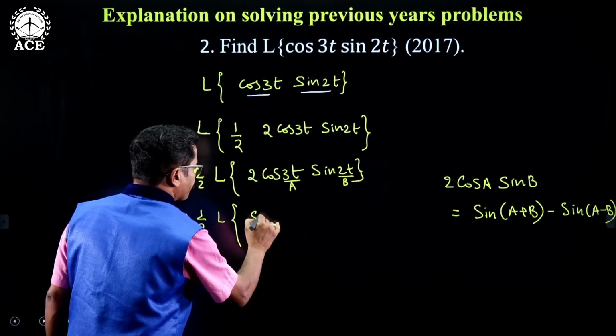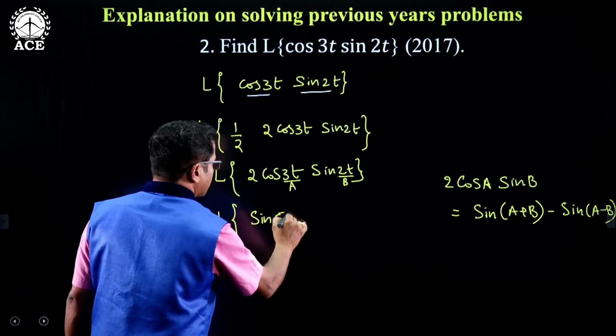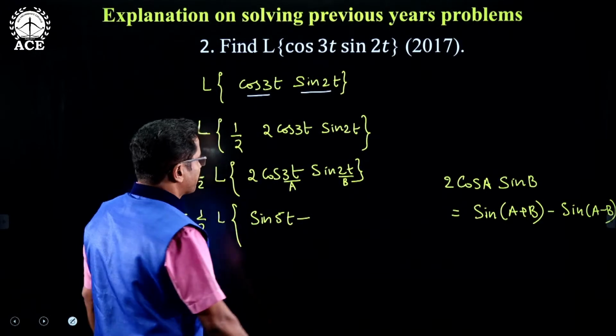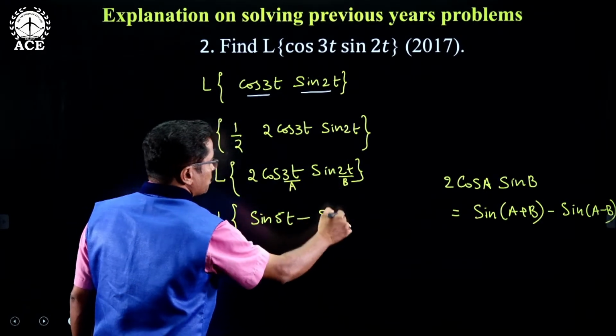Sin of A plus B means 3t plus 2t is 5t, minus sin of 3t minus 2t is t.